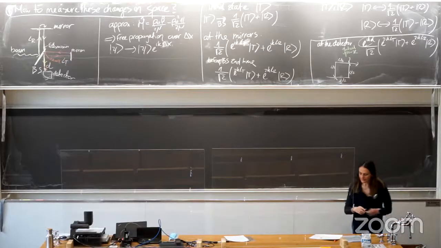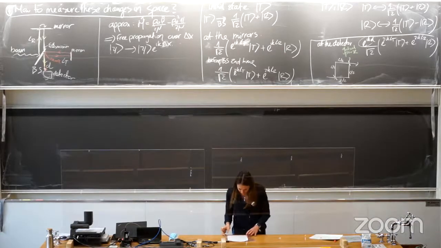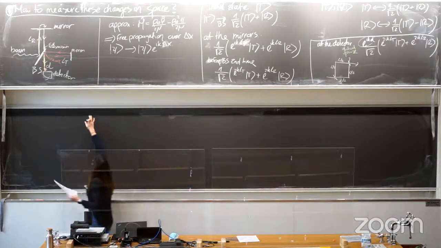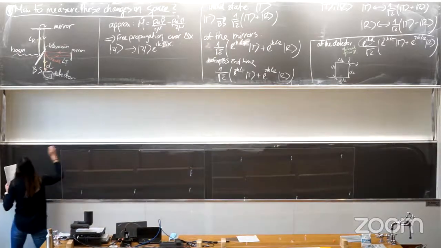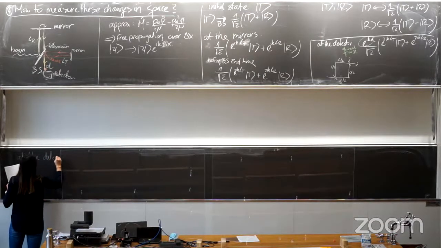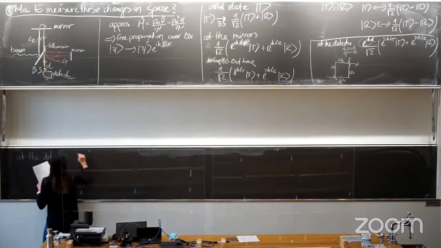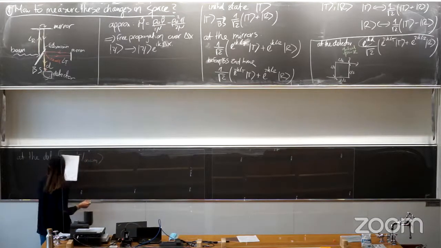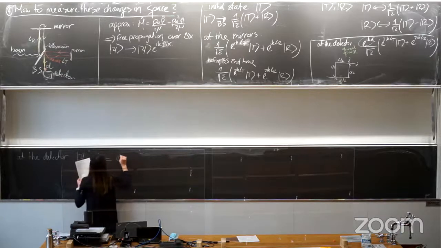Great. Then where am I? Here. And yeah, we can write, so at the detector, I write the incoming, so the state of the incoming ray. This will be AKD, right?